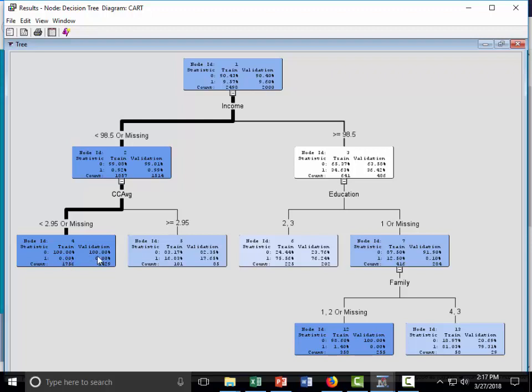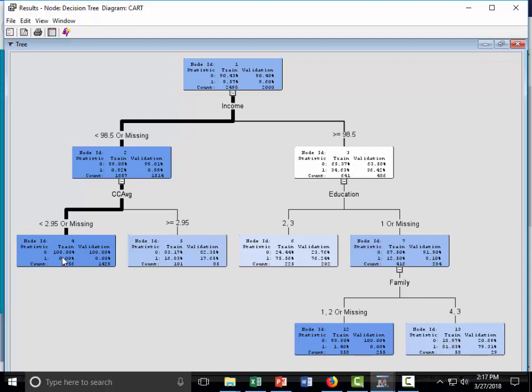So this is a completely pure node. This one is not that pure, right? So 83 and 82% 0, so you see a slightly light blue. Okay, and here there is no color at all, and it is very impure, because 65% and 63% is 0, 36% 1.